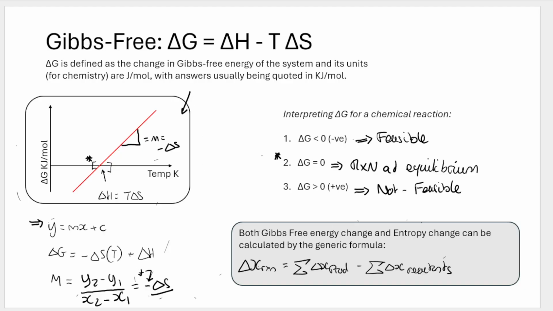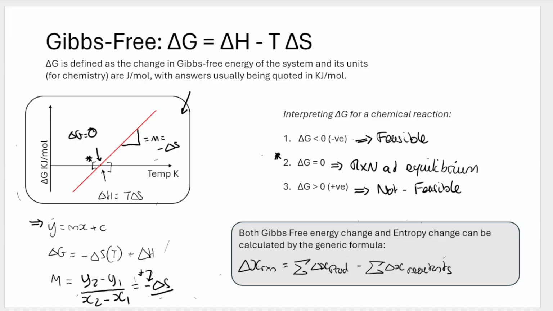The most important thing with Gibbs free energy in regards to doing past paper exam questions is understanding what delta G represents. It's the feasibility of a reaction. When delta G equals 0, this is a reaction at equilibrium. I've highlighted here this point in the graph, and this represents when delta G equals 0.